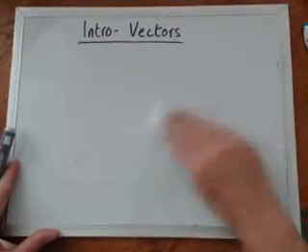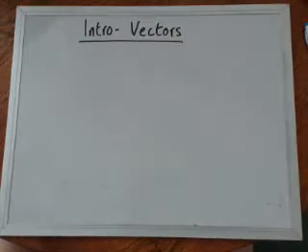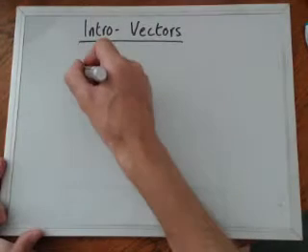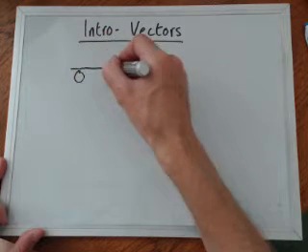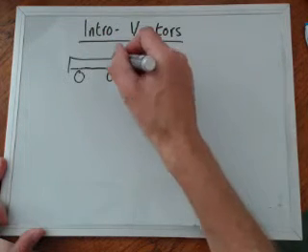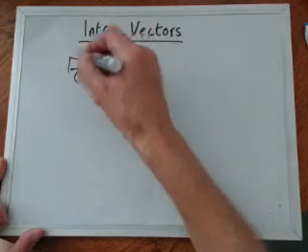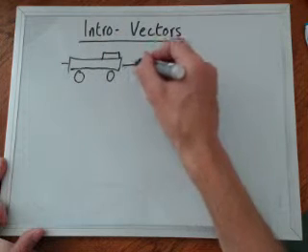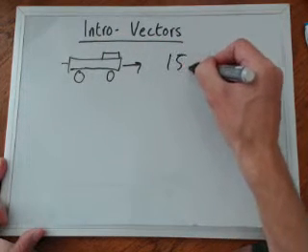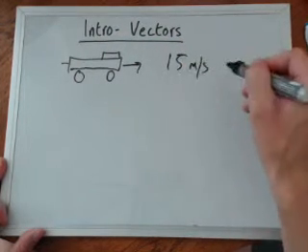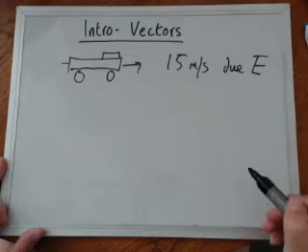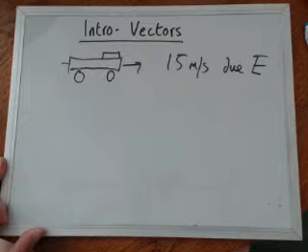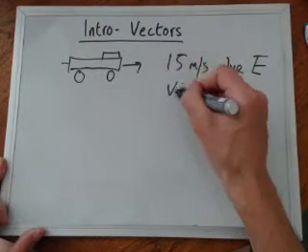An obvious example for velocity and speed is, for instance, a car. I'm going to draw a terrible car, I always do. Okay, a car driving along at 15 meters per second, and we'll say that is due east. That is the velocity.